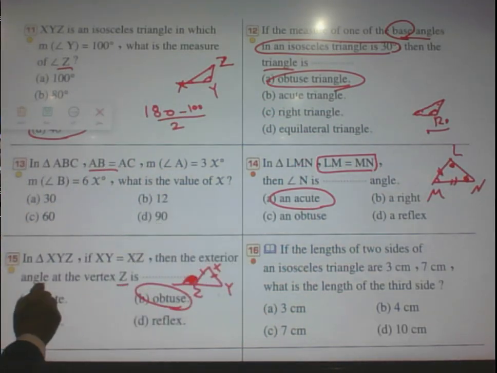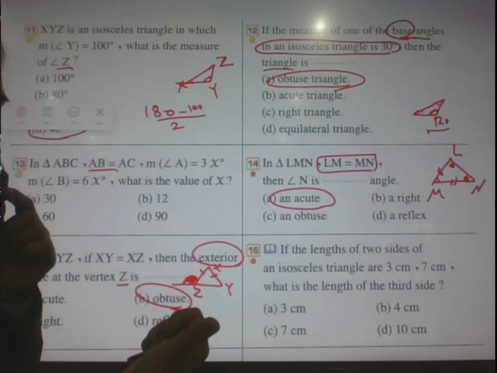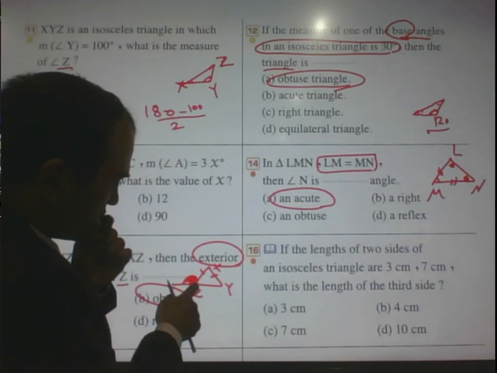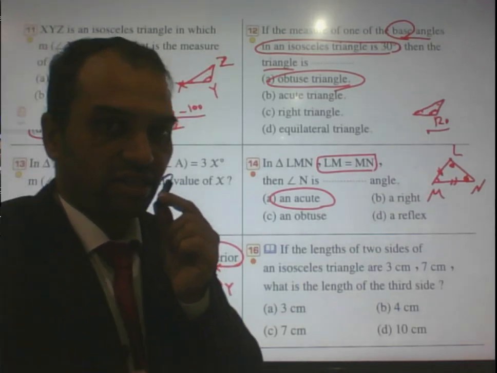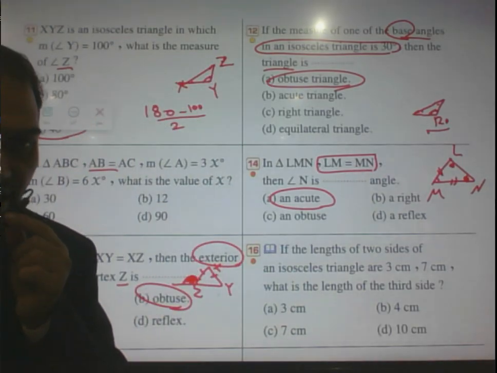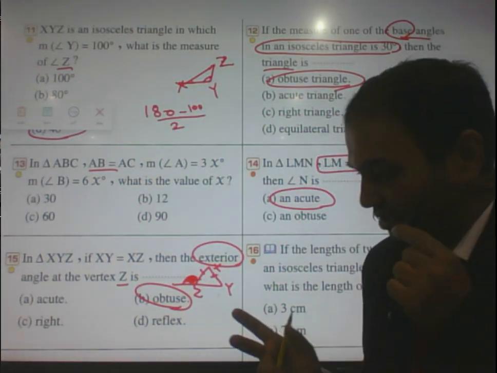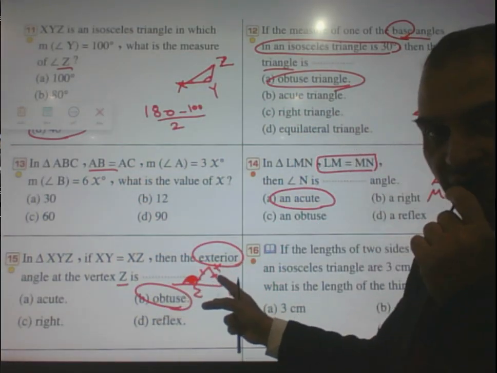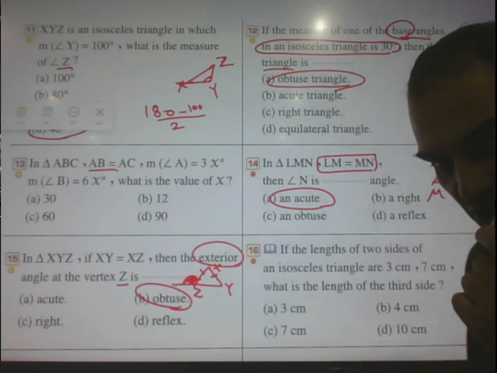He asked about the exterior angle of the interior angle that was acute. This angle is acute, then the exterior will be obtuse because the sum of them equals 180 degrees. We call this supplementary angles. The sum of them equals 180. Then the obtuse angle is supplementary to angle Z inside. The exterior will be obtuse.